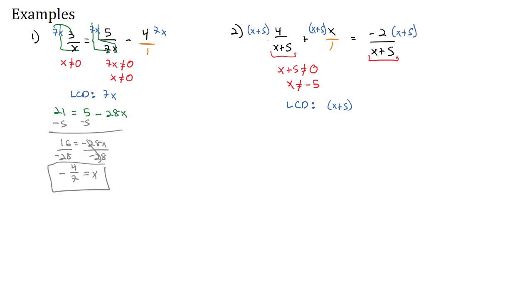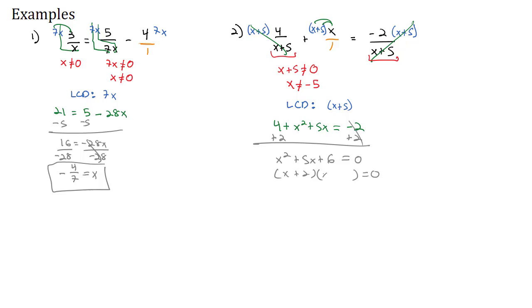When I do that, the x plus 5s reduce out on the left and on the right. So we're left with 4 plus, distributing the x through, x squared plus 5x equals negative 2. We know with a quadratic, when we see x squared, we want it to be equal to 0. So we're going to add 2 to both sides, and putting it in order, we have x squared plus 5x plus 6 equals 0. We know how to solve that by factoring.